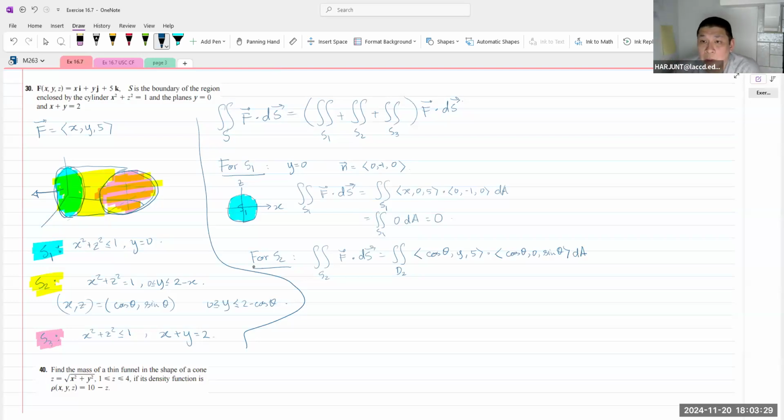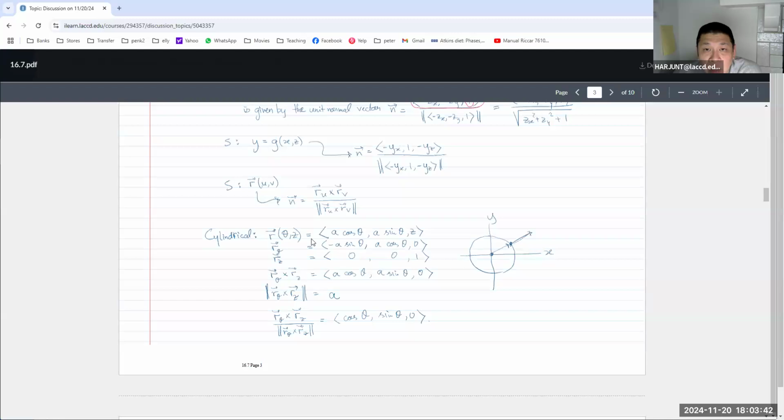You may wonder about that parameterization, but let me show you that parameterization in our notes. When we use cylindrical parameterization, it's a cylinder parallel to the z-axis. But if we make it a cylinder parallel to the y-axis, then the y-axis gets the 0.